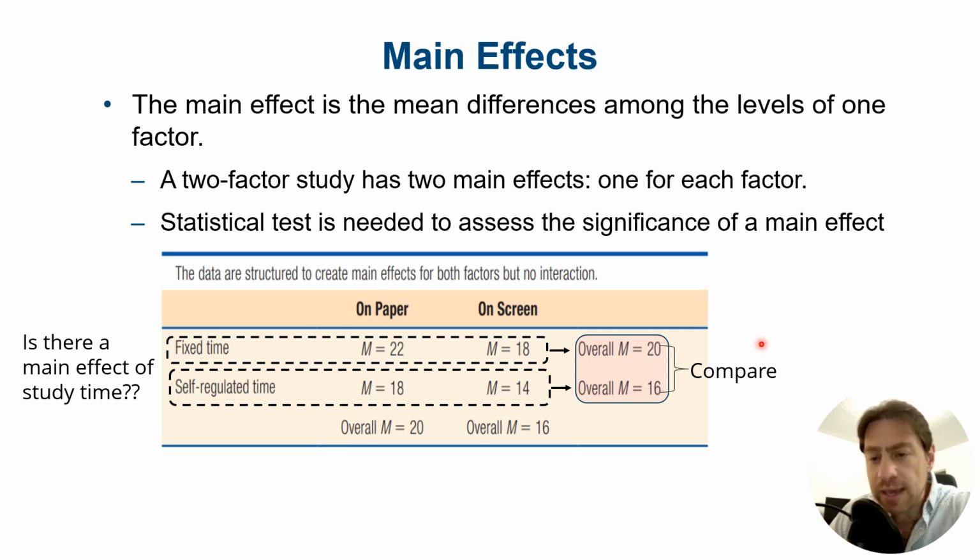And in this case, looking at these values, it appears that on average, people did better when study time was fixed compared to when study time was self-regulated. And again, in the real world, you would apply a statistical analysis to see if the differences are significant. And if they are, you would conclude that there is a significant main effect of this other factor, control of study time.